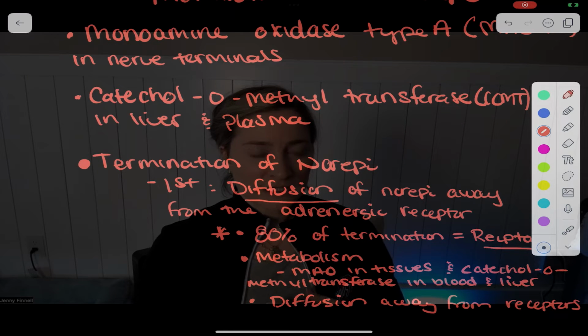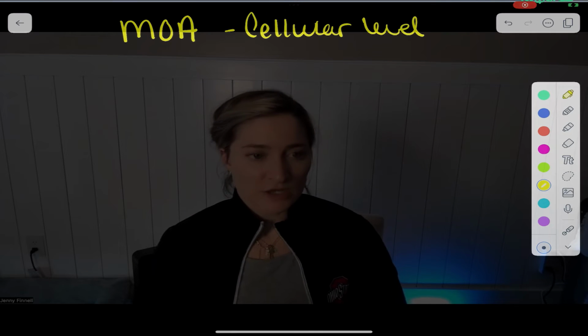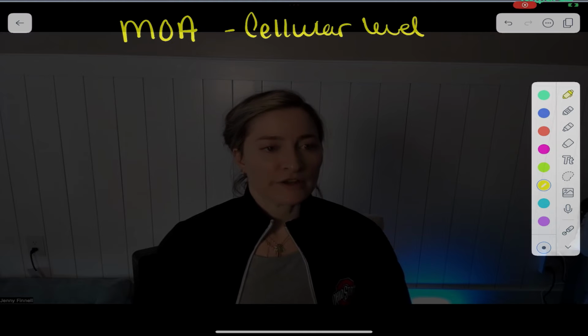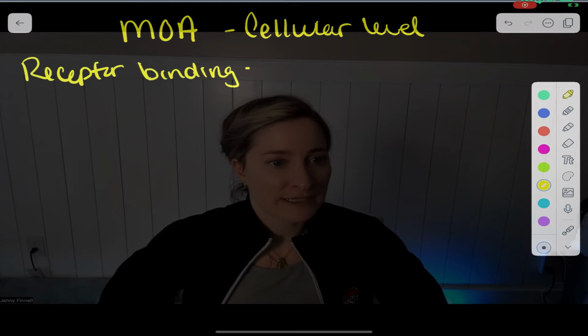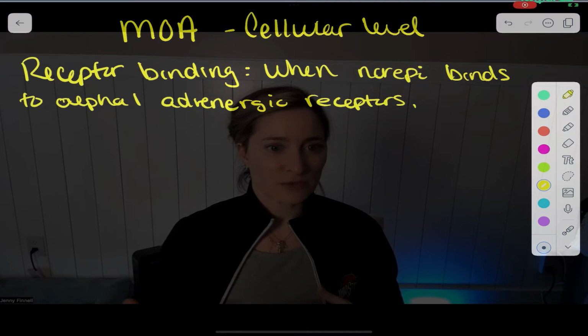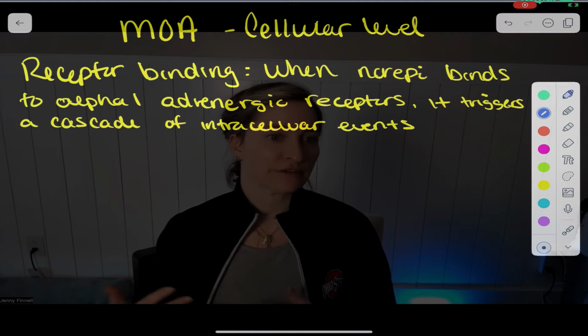And now we're going to get into the mechanism of action at a cellular level. So let's go into that next. All right, first you have the receptor binding. So when norepinephrine binds to alpha-1 adrenergic receptors, it triggers a cascade of intracellular events.